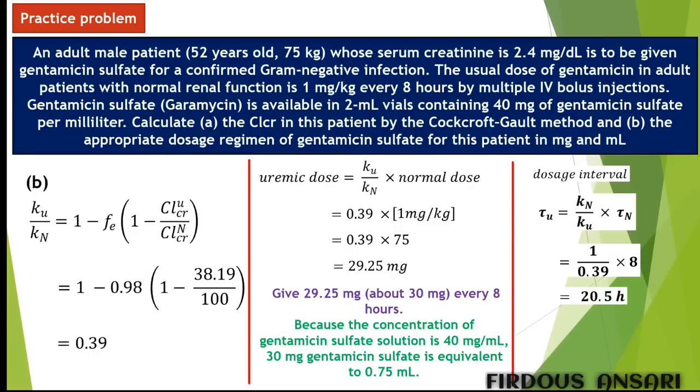So we give the same dose, that is the normal dose of 75 mg, and the dosage interval will be 20.5 hours and not 8 hours. This is how we can simplify this kind of problem, and this is how we do dosage adjustment, either by reducing the dose or by increasing the dosage interval, thereby adjusting the dosage regimen for uremic patients. So this is how we do the calculation.